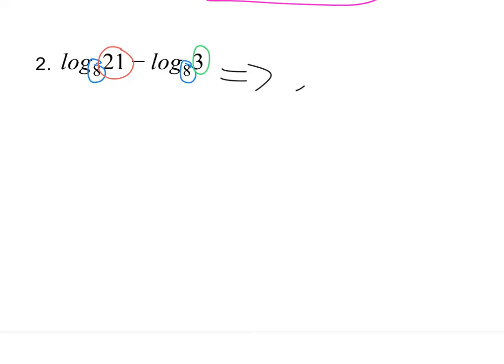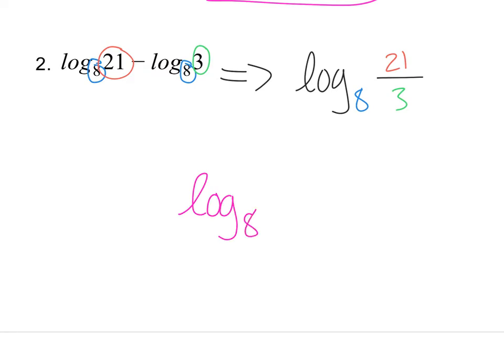So I'm just going to combine log base 8, and now I have 21 over this 3. So, again, I'm just going to write this in a nice little color here. So I have log base 8, 21 divided by 3 is 7. That's my answer. Pretty simple.